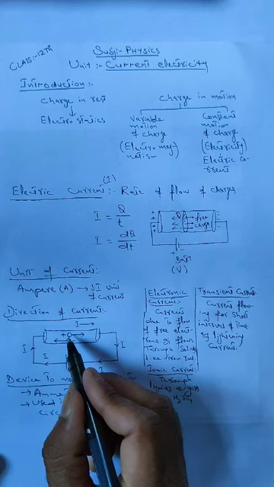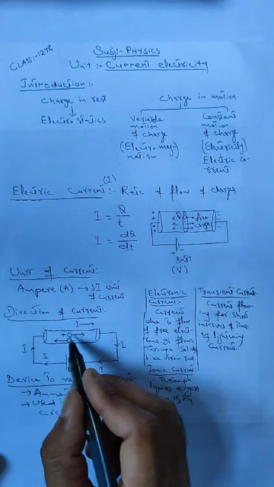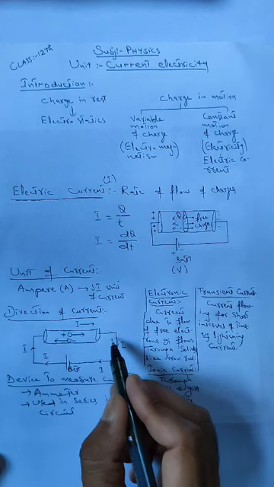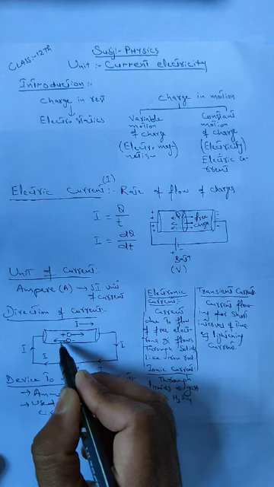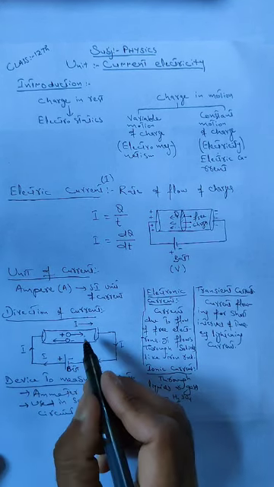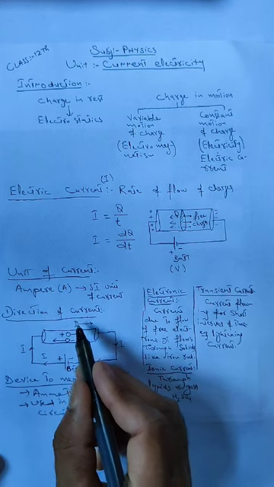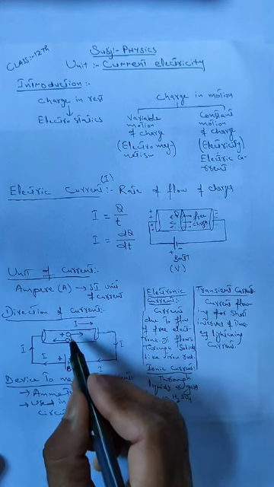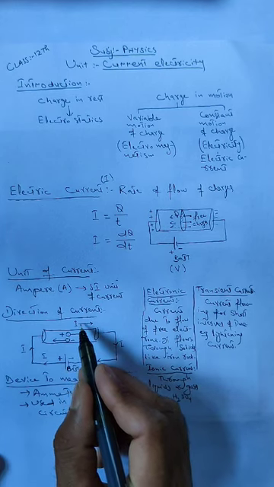There are two types of charges, positive charge and negative charge. The positive charge will be attracted in this direction by the negative pole of the battery, and the negative charge will be attracted in this direction by the positive pole of the battery. Then the direction of these positive charges gives us the direction of current. So the direction of current is the same as the direction of positive charges.